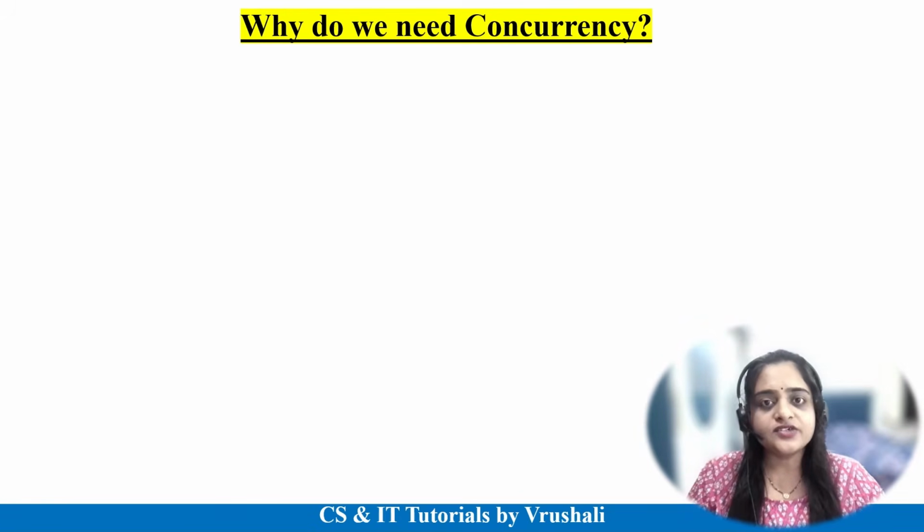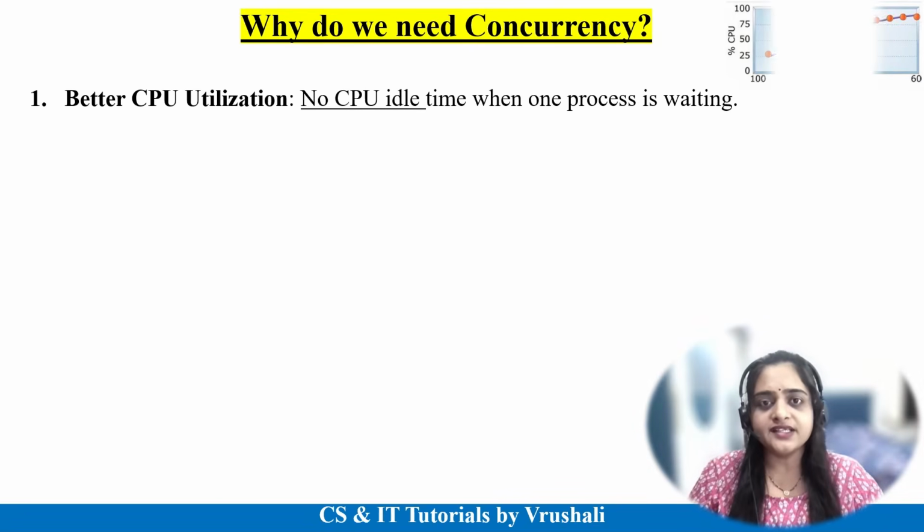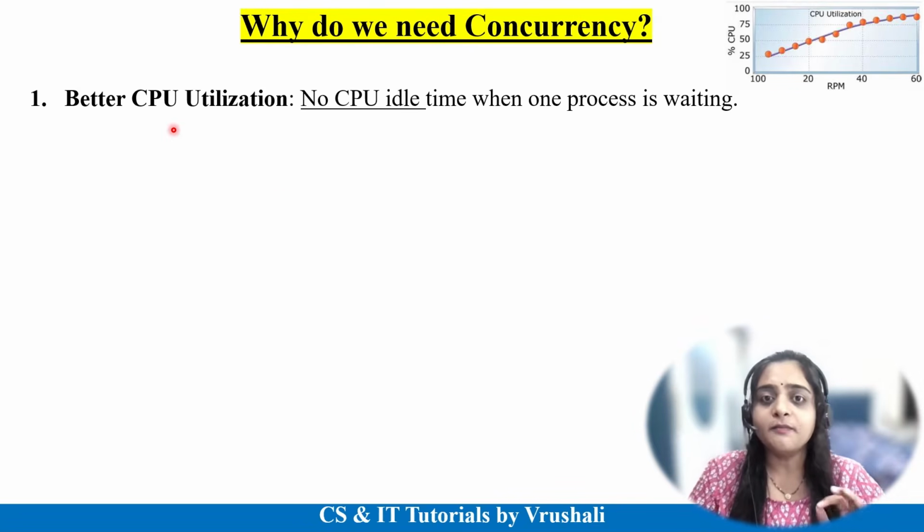Now, the next topic is why we need concurrency. One of the main reasons is that it provides better CPU utilization, right? Multiple processes work together. They share the same CPU. Then no CPU goes into the waiting state. Every CPU works accurately at the same time.